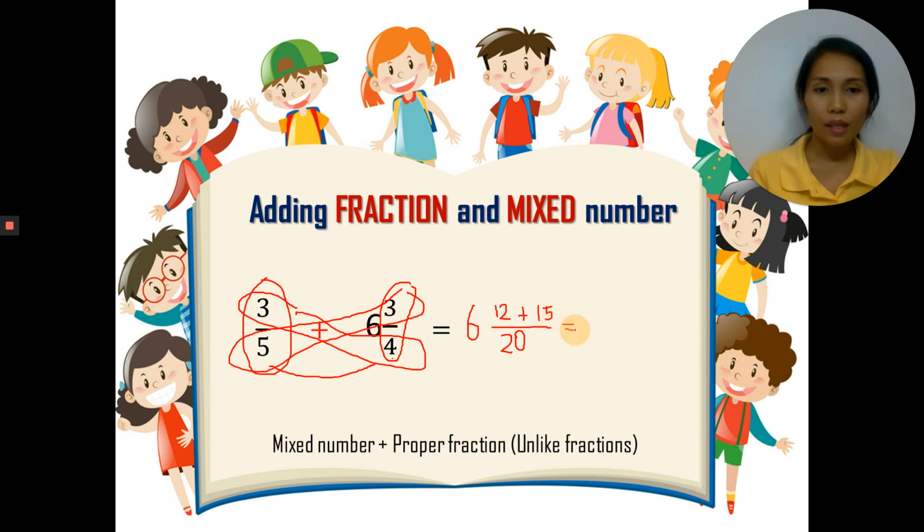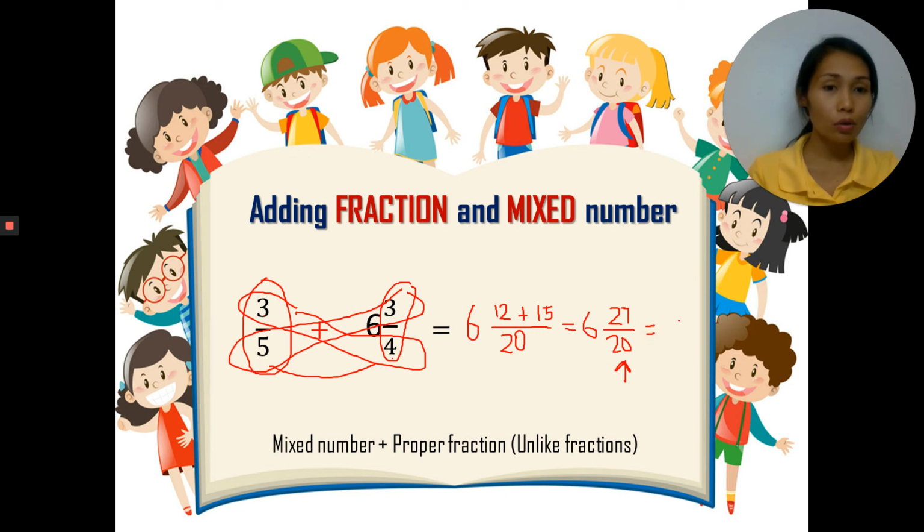Now that we got that, let's see. 12 plus 15 equals 27. And the denominator is 20. Now you see it's an improper fraction, right? So that means we need to convert it into a mixed number. So 27 and 20. How many 20s are there in 27?